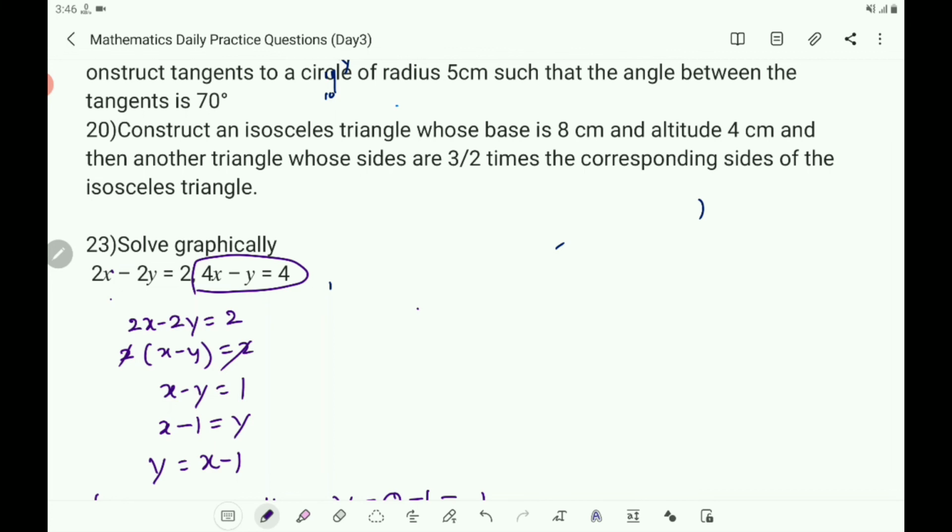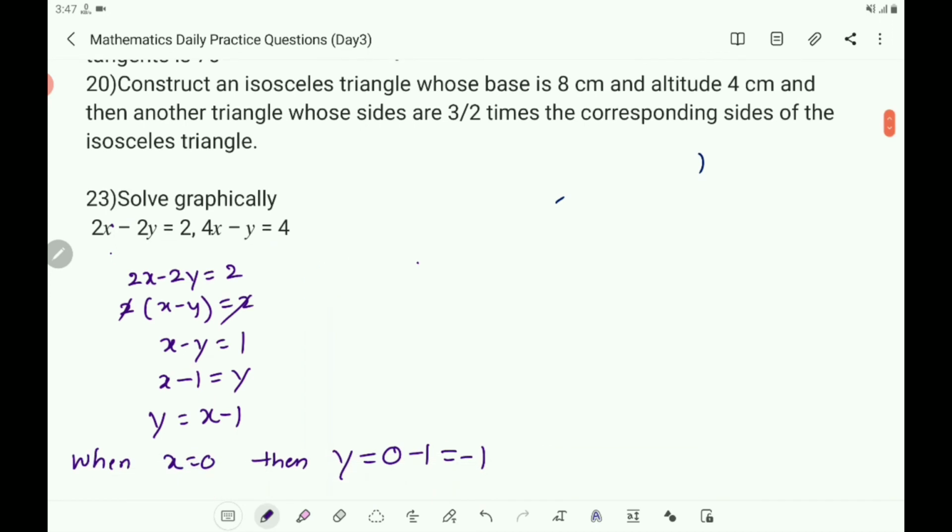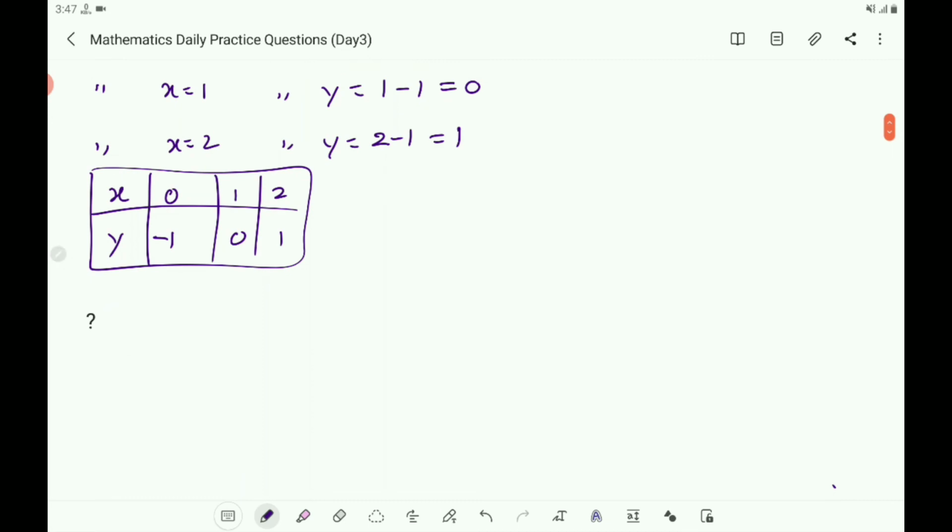Here also y is having a negative sign. So you shift minus y to the RHS and this 4 to the LHS. Then you can get y equals. So let us write 4x minus y equals 4.